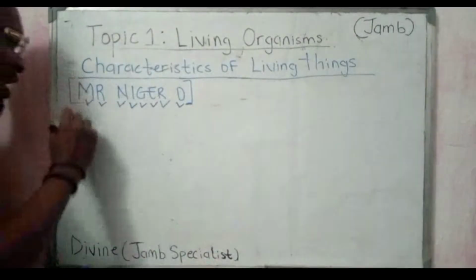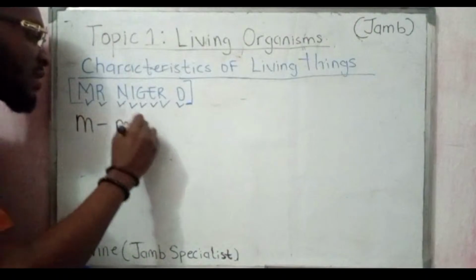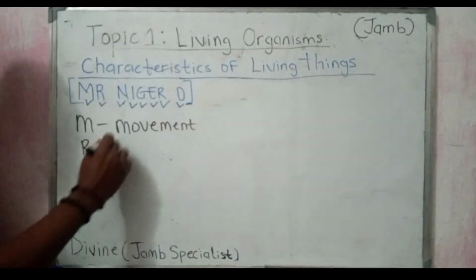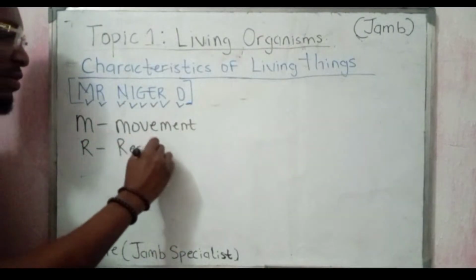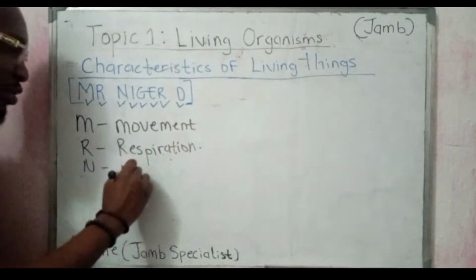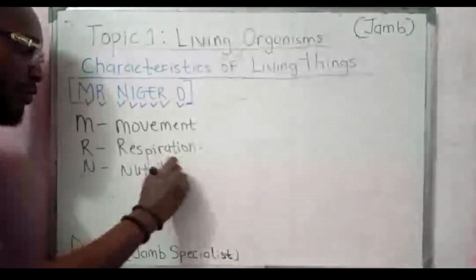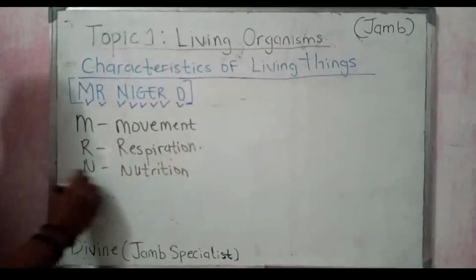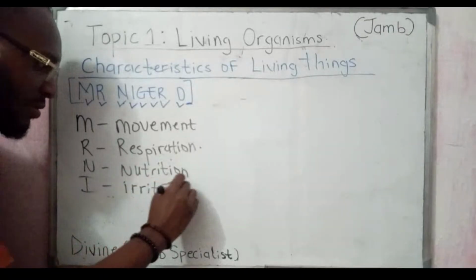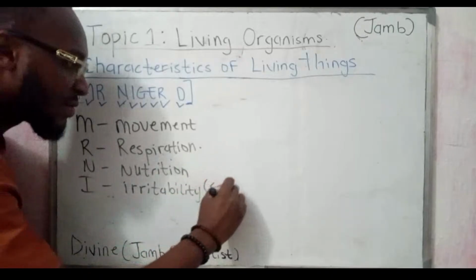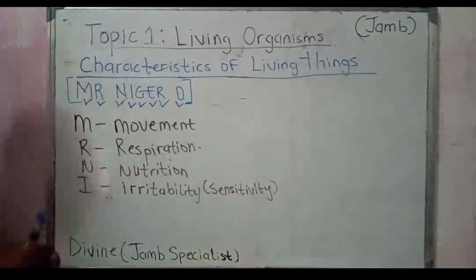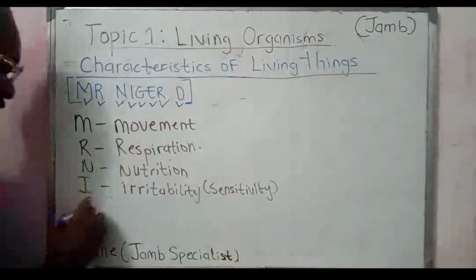So we have mentioned everything here. We said M is movement. We said R is respiration. We said N is nutrition. We said I is irritability or sensitivity. We said G is growth.